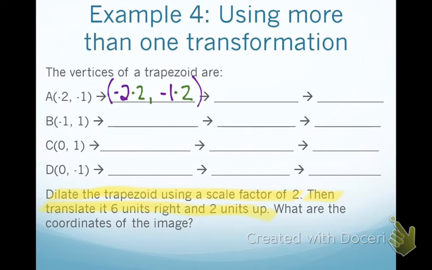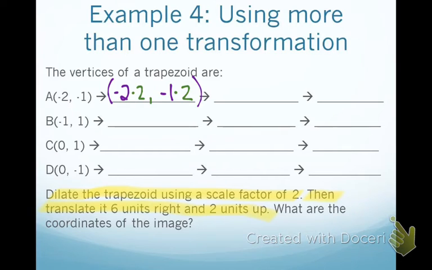Okay, what if my scale factor was 1/4? What would I multiply it by? 0.25. What if it was 1/3? What would I multiply it by, roughly? 0.33. Okay? So remember those scale factors that are fractions, we can always change those to decimals.